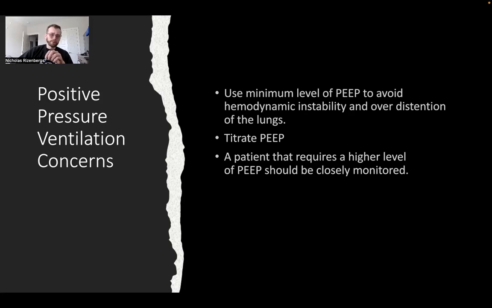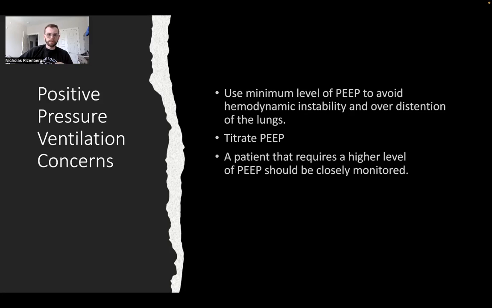So this also goes in terms with a lot of the other strategies when it comes to positive pressure ventilation, but also with the protective lung strategy. You don't want to use too much PEEP. You don't want to over distend the lungs because if they have that septic-induced ARDS, they've got a lack of compliance.